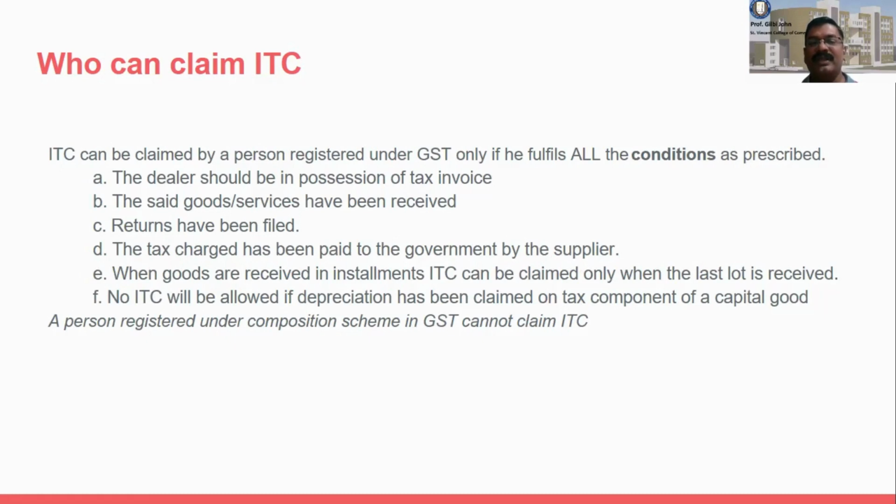The said goods or services must have been received, returns have been filed, and the tax charged has been paid to the government by the original supplier. When goods are received in installments, input tax credit can be claimed only when the last installment is paid.